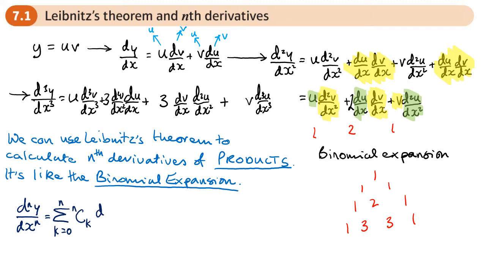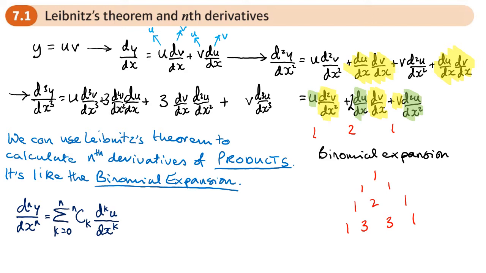So what we have is the derivative of u starting at the 0th derivative and then going up. So k starts at 0, so that will just give us u, and then k is 1, that will give us du/dx, k is 2, d squared u over dx squared, and so on.